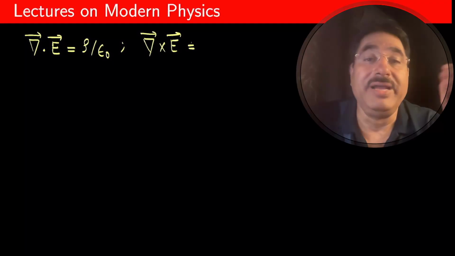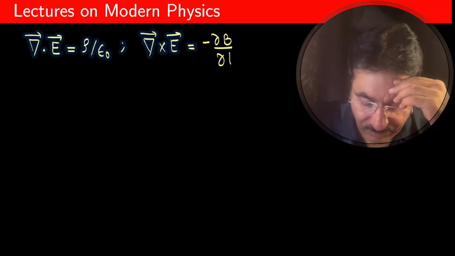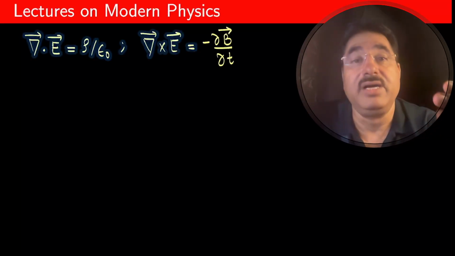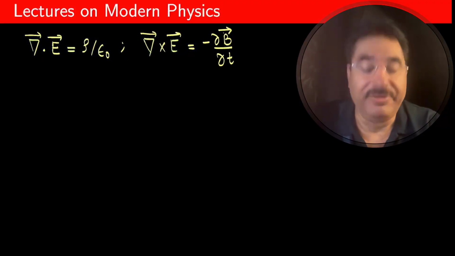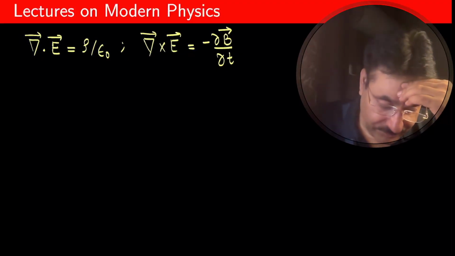Then the second equation was nothing but the differential form of Faraday's law, which tells us the curl of the electric field created by a changing magnetic field is given by the rate at which the magnetic field changes. And this electric field is created not by a static charge, but by a changing magnetic field. So these were the first two equations.